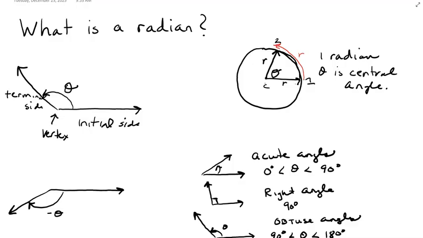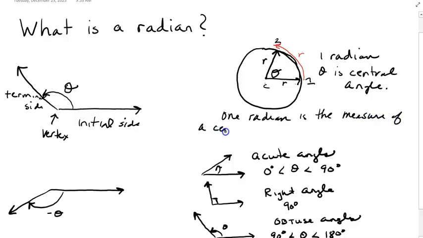So a radian is the measure of a central angle that intercepts an arc equal in length to the radius of the circle.